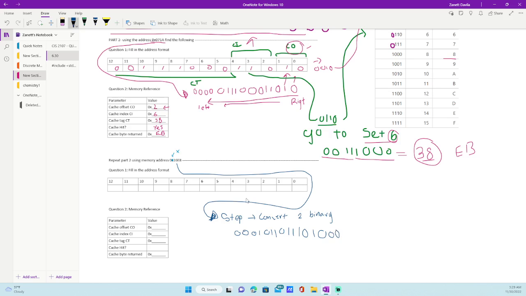Now remember, you fill step 2. I keep forgetting step 2, right? Step 2: fill in address format.